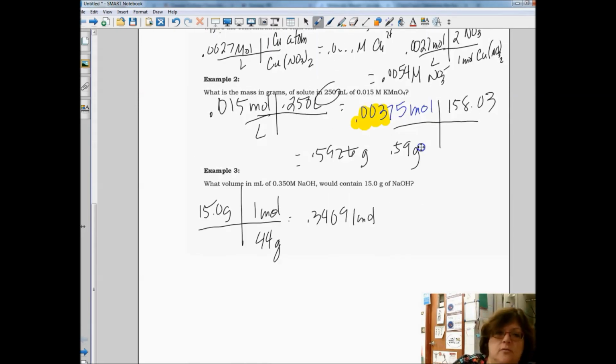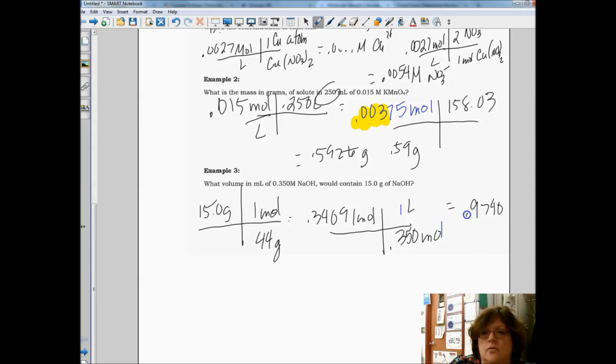So we'll take 0.34091 moles and divide that by the molarity, which is 0.350 moles in 1 liter, and that gets us 0.9740. We have 3 sig digs here, 3 sig digs here, so we can say 0.974.